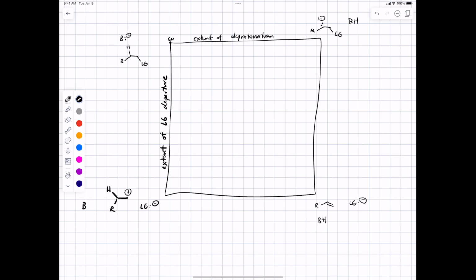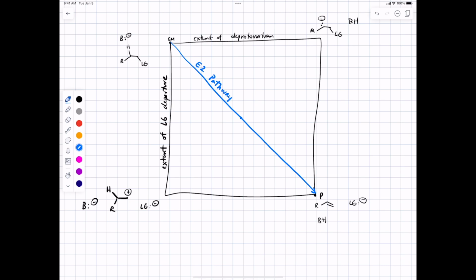And we'll still have the base here in the lower left-hand corner because we haven't removed the proton yet. All right, so starting materials, products, and then in blue, I'll draw a line that represents the E2 pathway.